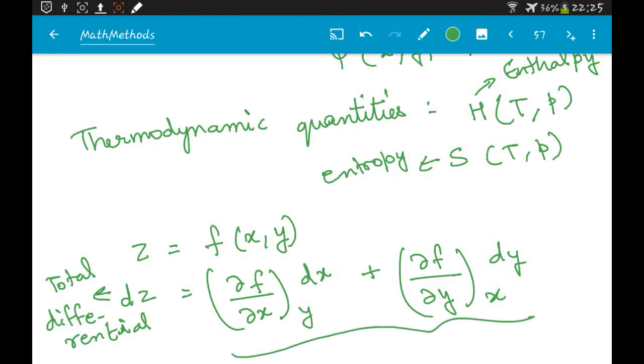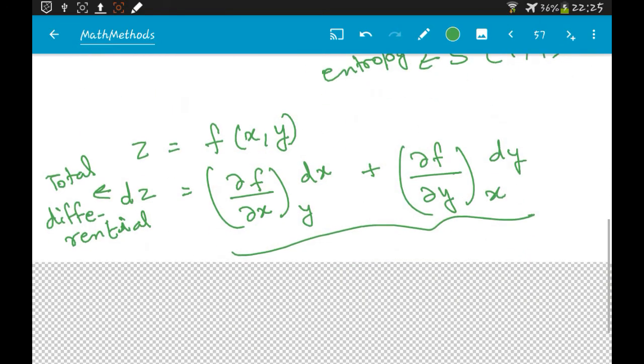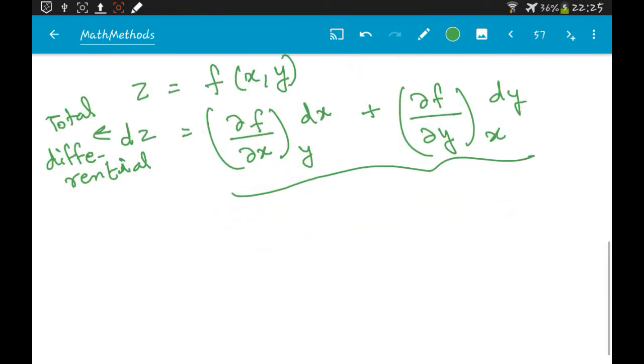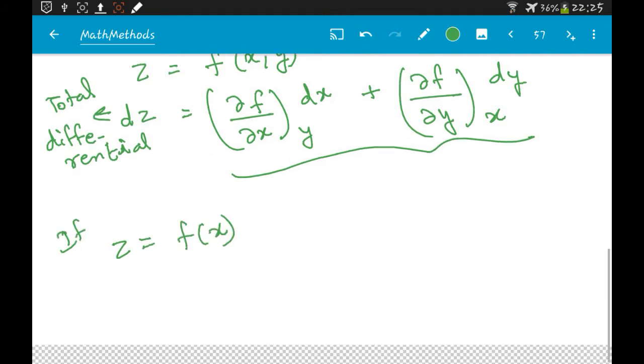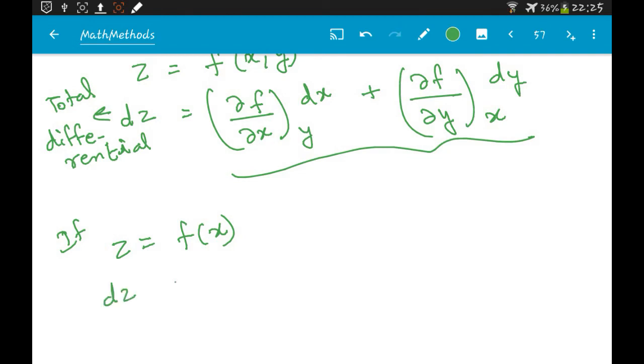So what does this mean? Let's go back to a one variable system. Let's say z is equal to f of x, and if we were to take dz, we would have dou f by dou x into dx.